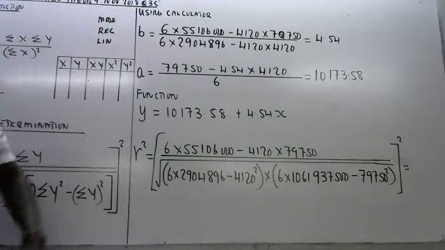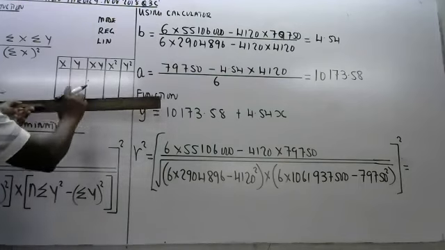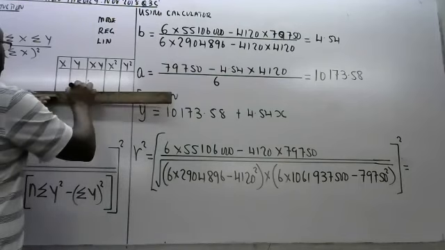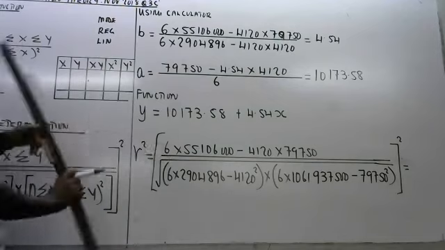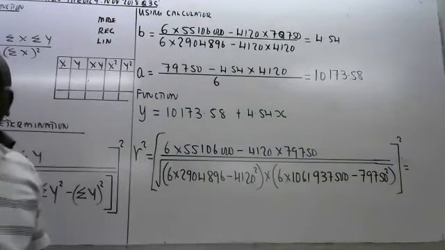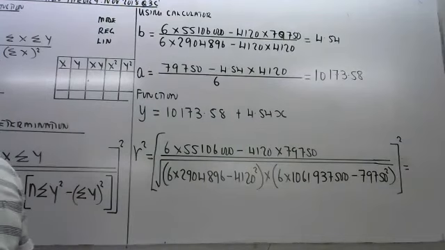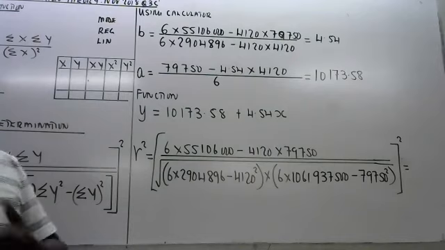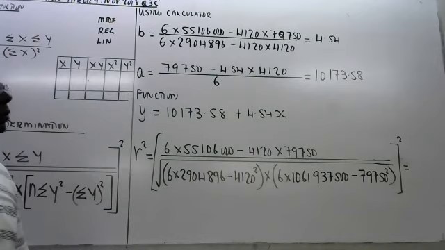You create a table with those columns, then fill in the values, you get your totals here. Then you substitute, and you are good. So if you know that, that is okay. Give me the answer from the calc.